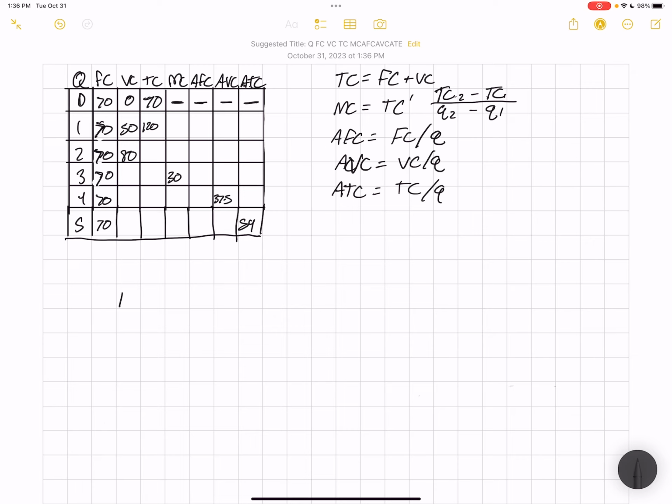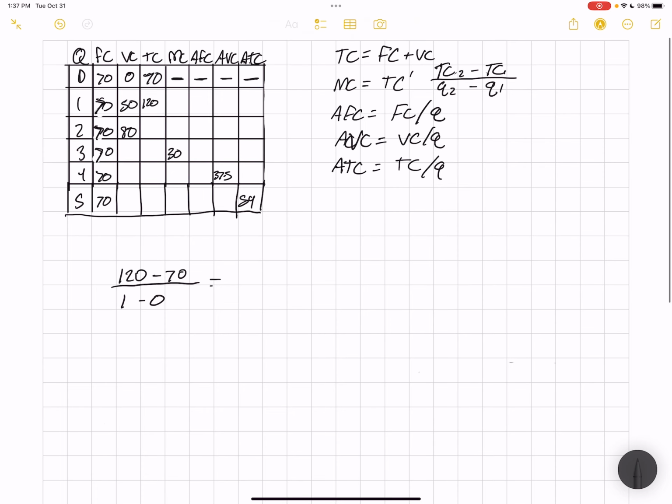We got 120 minus 70 divided by 1 minus 0. The only thing you have to remember in this case is that you have to keep the numbers in the same spot. If you did 70 minus 120 over 0 minus 1, that would also work, but you can't switch a different way. So 120 minus 70 is 50. 1 minus 0 is 1, so we have just 50.